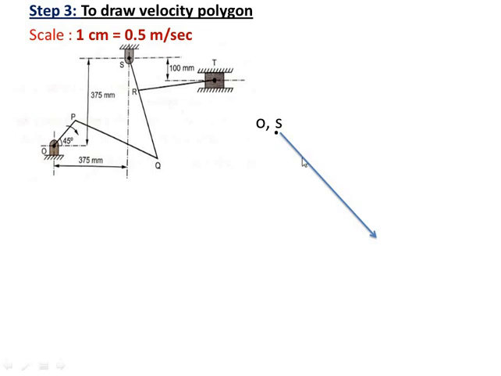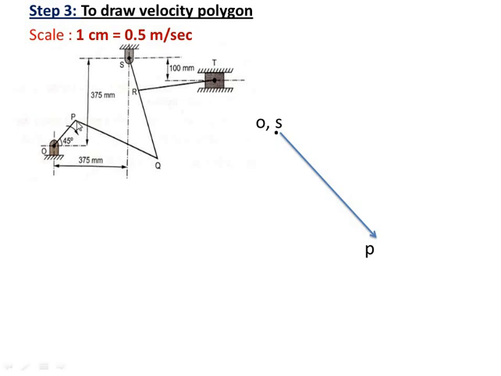This is the direction, and the magnitude which we have calculated earlier is the linear velocity of P. Convert it into scale and take that dimension here to get the point P. So this is the velocity vector in magnitude and direction of OP.